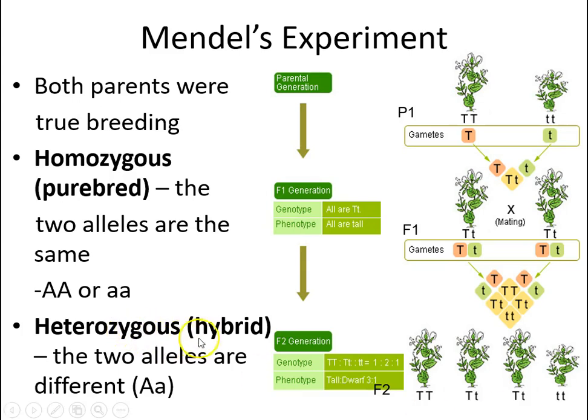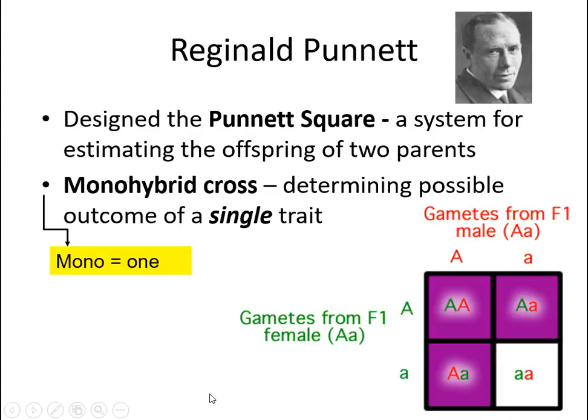And then another term for heterozygous could be hybrid, when we have two different alleles, so one capital and one lowercase. Punnett squares get their name from Reginald Punnett. He designed the Punnett square, which is a system for estimating the offspring of two parents. So it's how we look at the possibilities for different traits that an organism might have.